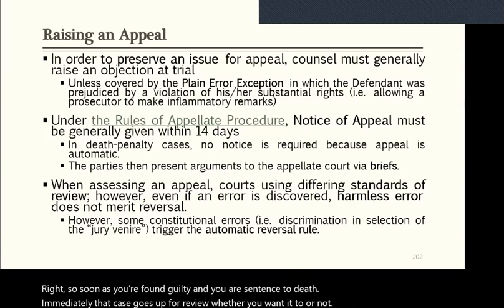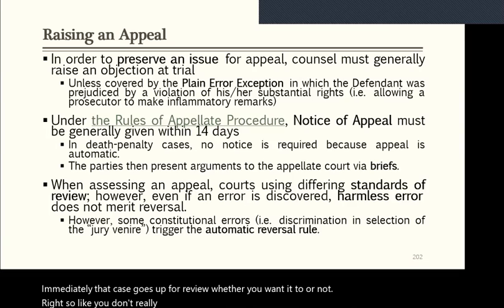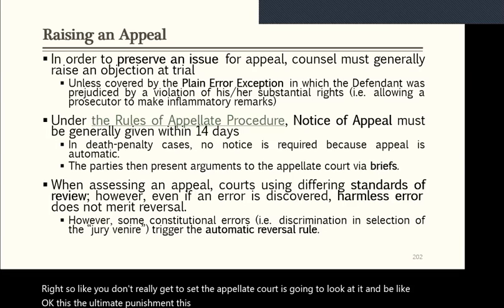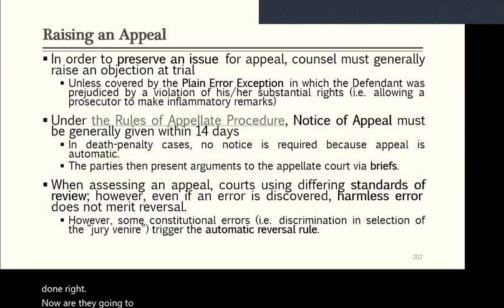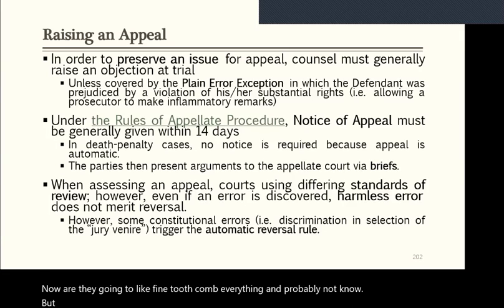So you don't really get a say. The appellate court is going to look at it and be like, okay, the ultimate punishment, this person is going to lose their life. Let's make sure it's done right. Now, are they going to fine tooth comb everything? Probably not, no. But you don't have to file a notice, and generally speaking, you cannot waive it.